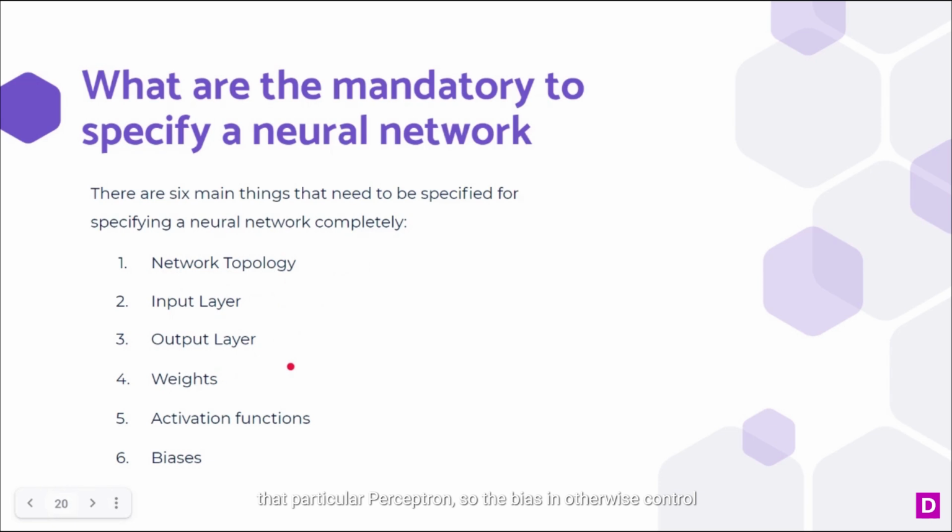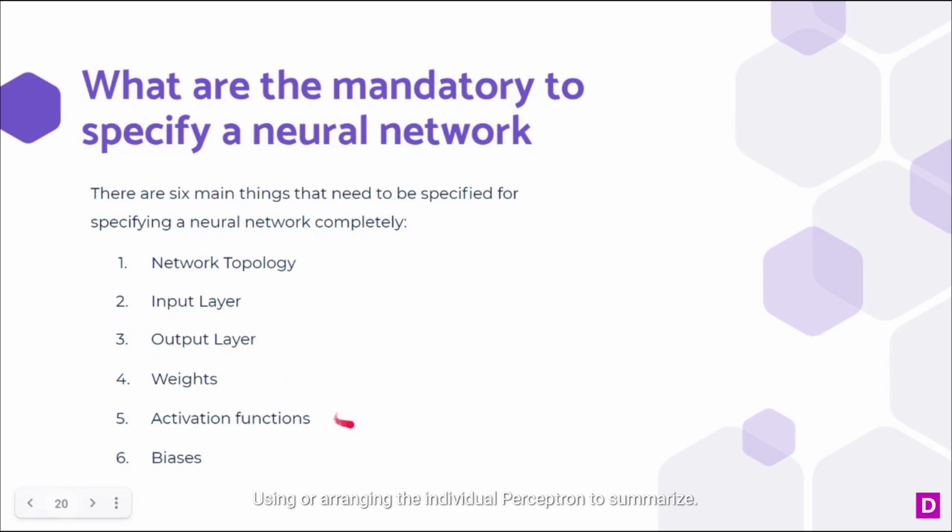So the bias controls the amount of input signal for which a particular perceptron gets activated or not. On the whole, all these six parameters are essential when building our own artificial neural network by arranging individual perceptrons.